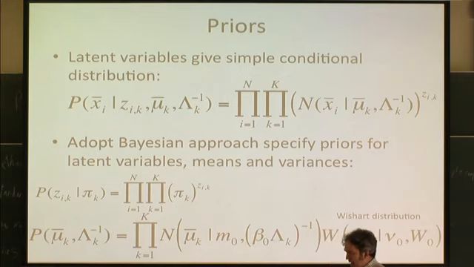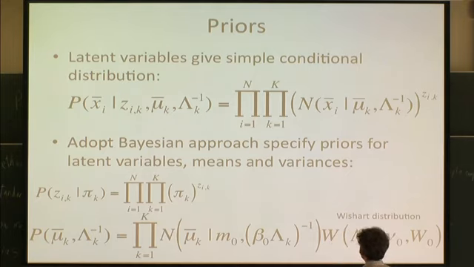So in the Bayesian approach, we've got these latent variables Zik, which enables us to write out the likelihood in a more efficient form. And then we've got a prior for those latent variables that depends upon the mixing proportions, and also priors for the cluster parameters themselves.